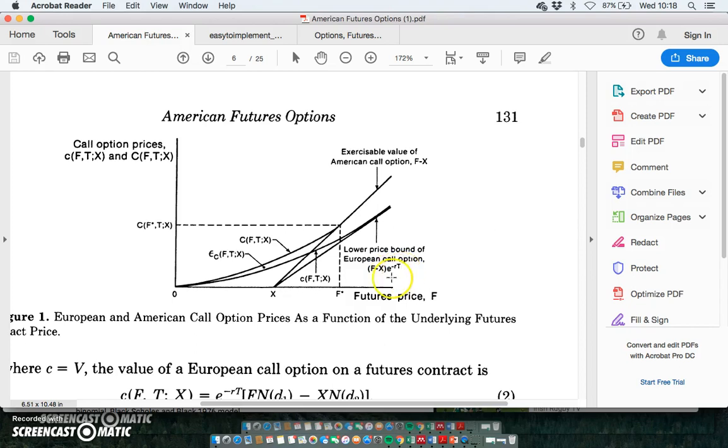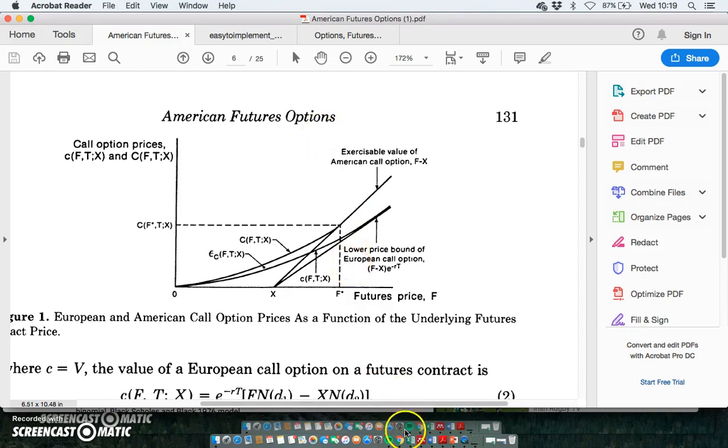A large part of the differentiation between the values of those two types of option relates to the level of the interest rate and the time period. Other parameter inputs that will also have an impact are volatility and the moneyness of the contract. If it's a call, obviously the more we get into the money, the further f is from x. As the futures price increases, the bigger the gap also becomes between the two.